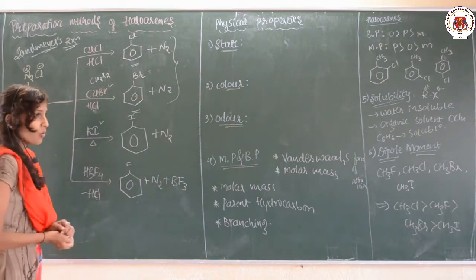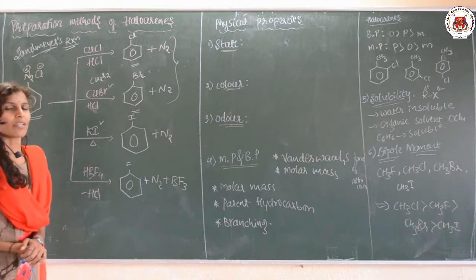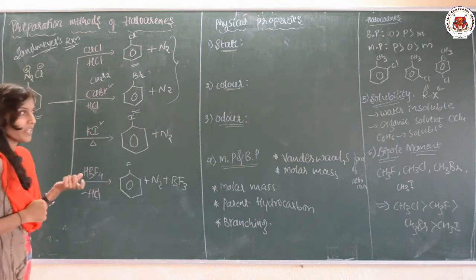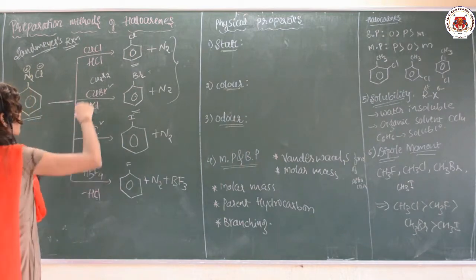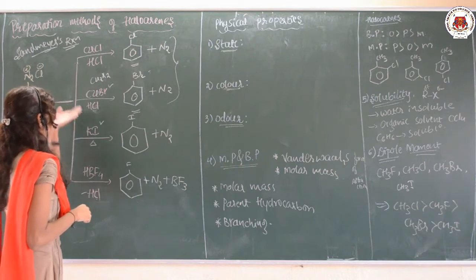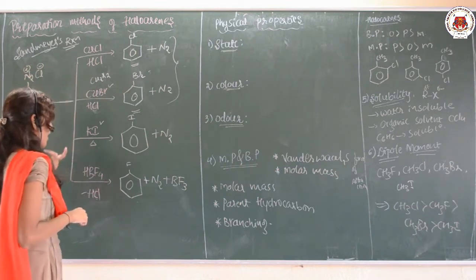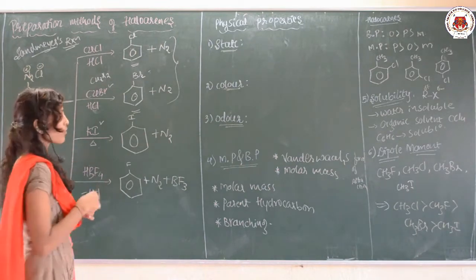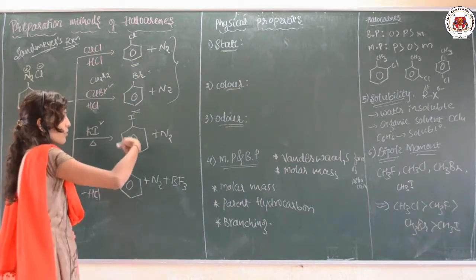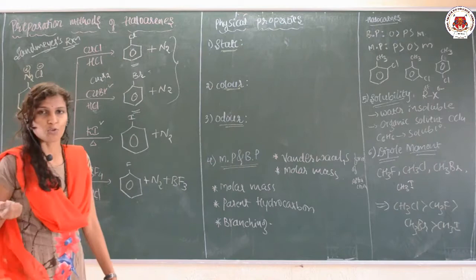Clear? So in the case of the Sandmeyer reaction, we use benzene diazonium chloride as one of the reactants, and by using different reagents like CuCl, CuBr, KI, HBF4, we are able to prepare different haloarenes like chlorobenzene, bromobenzene, iodobenzene and fluorobenzene.